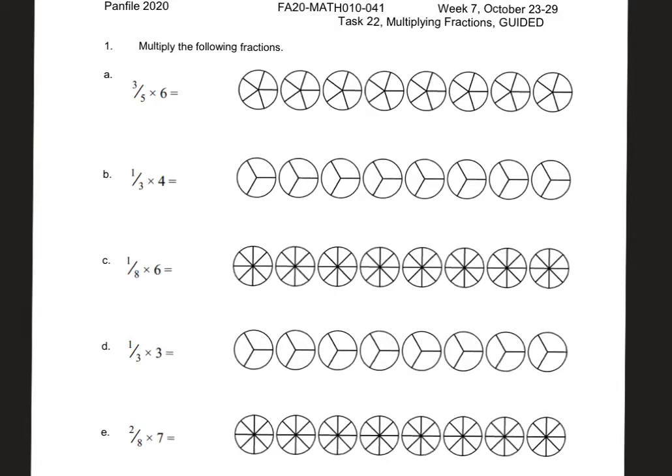So how we really want to do this. We love improper fractions, that's not a lie. We want to say, okay, there's my 3/5 original one, and now we're going to multiply that by 6.